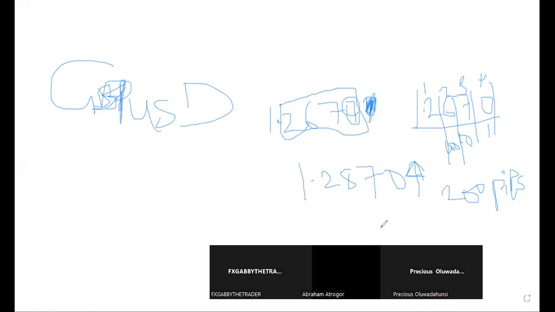You get it? You need to know this pip calculation. When you know this, you know how many pips and where to put your stop loss. Because if you are to risk 30 pips as a stop loss and you don't know how to use these formulas or where 30 pips is, if you shift it to 41, that little thing alone can liquidate you. So this knowledge is really important.